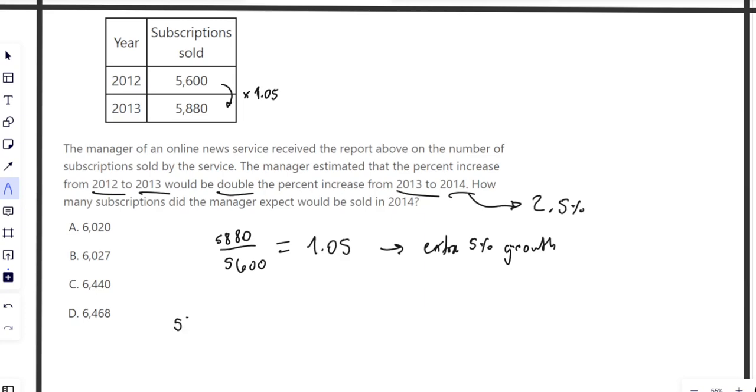And if we take our number 5880 and multiply by 1.025, converting that 2.5% into a decimal, we're going to get 6,027. That leads us to answer choice B.